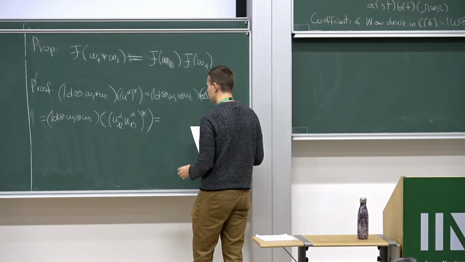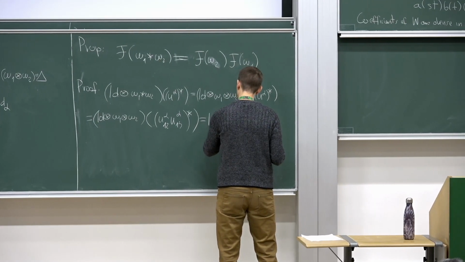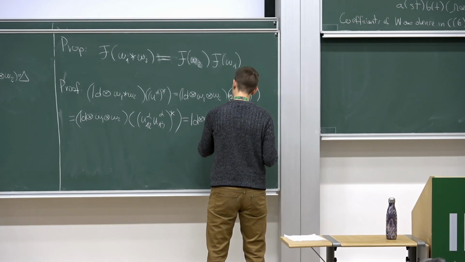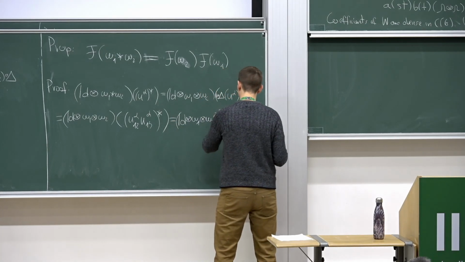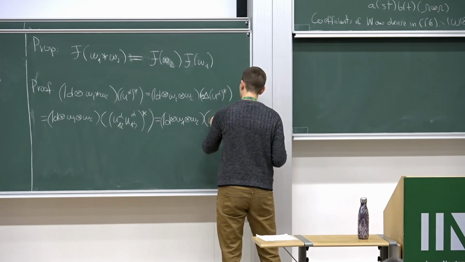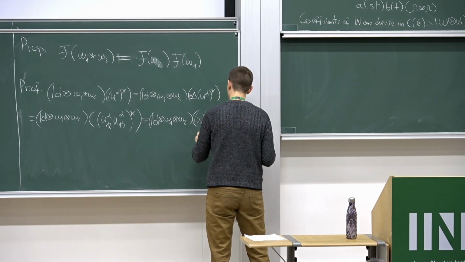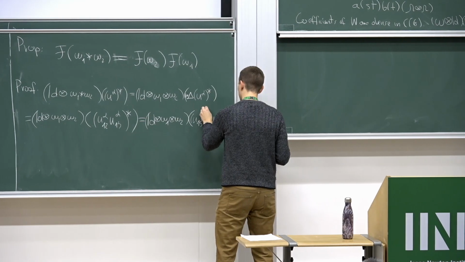Now the star reverses the order, so we have identity tensor omega 1 tensor omega 2 on U13 star, U12 star.